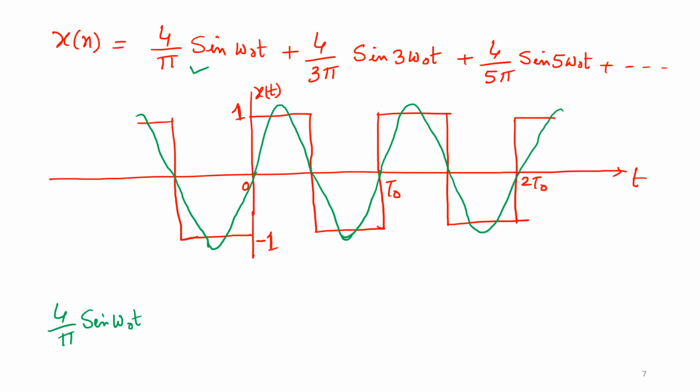So 4 upon 3 pi, now 3 is 1/3 of that, so this is the amplitude, 1/3 could be here. That one I can take on the line, that would be this height. So I'll try to draw neatly.